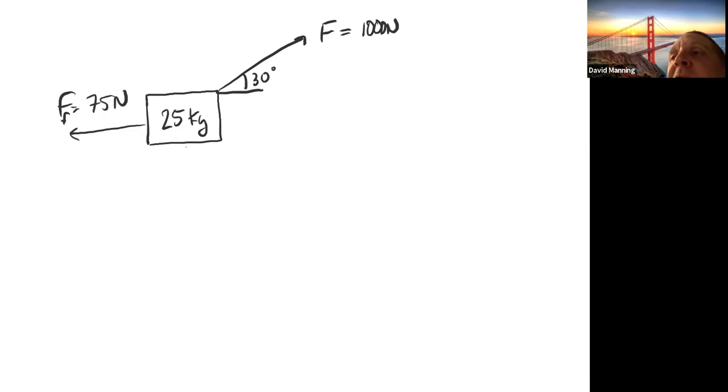We call that force of friction. I want you to find two things. One, the acceleration in the x. Two, the normal force from this problem.